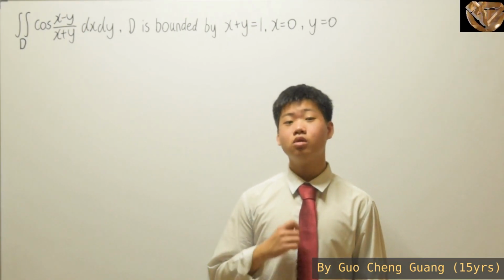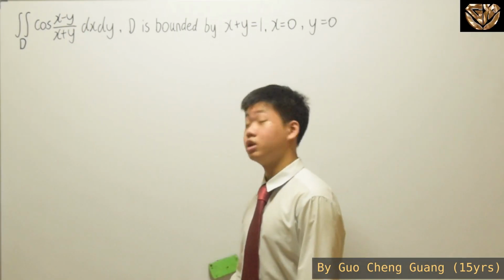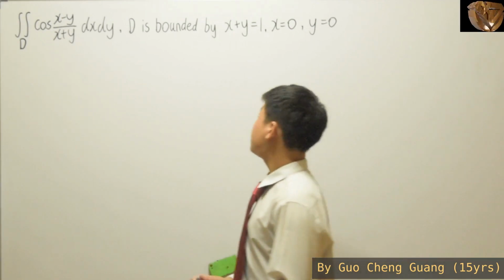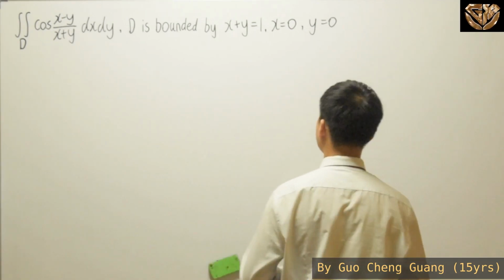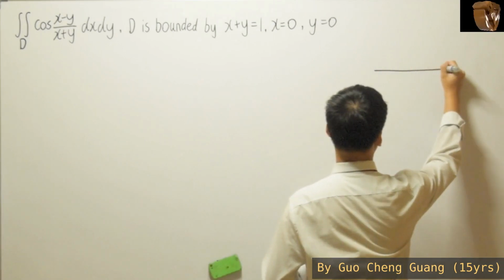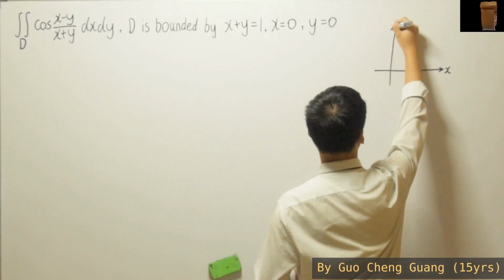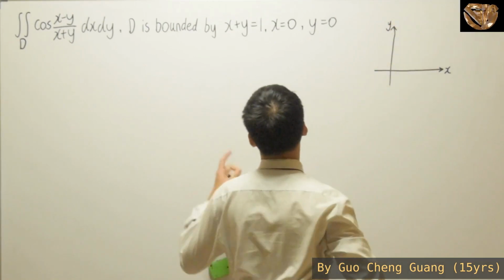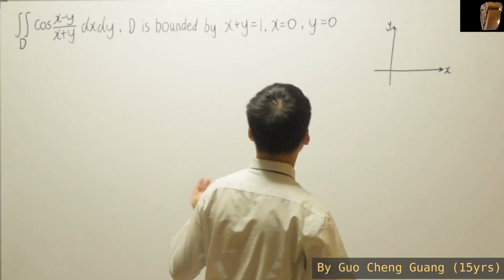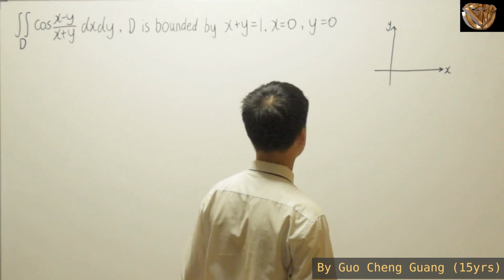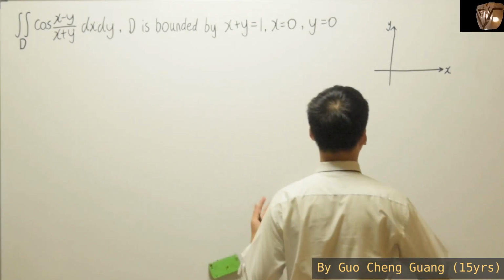Let's draw out this boundary that we have. It should be rather simple for those of you who already know these functions. x plus y equals 1 is essentially y equals negative x plus 1.